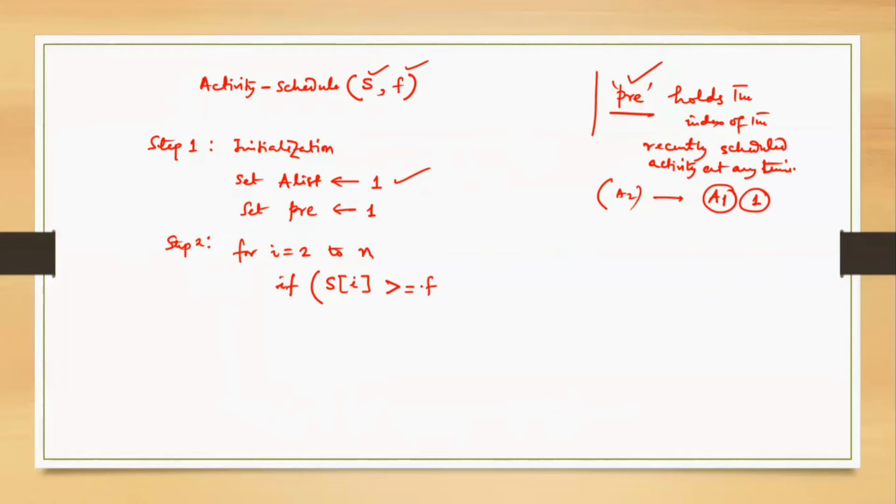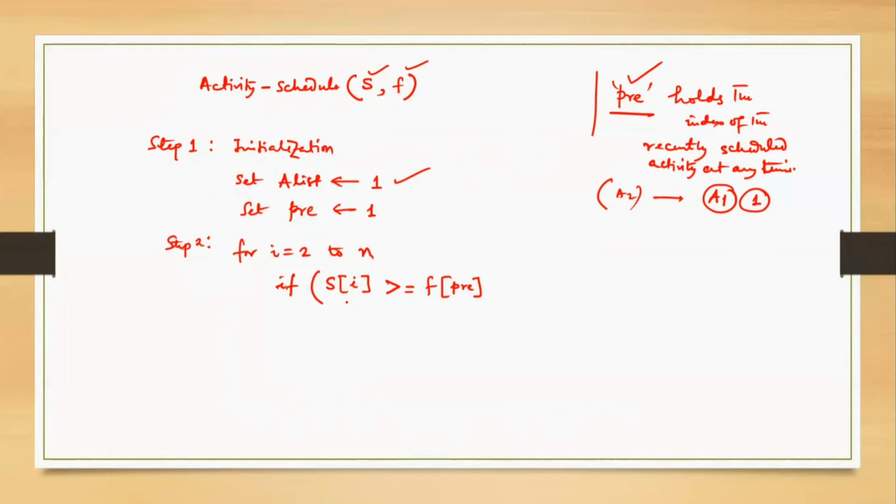We get the index of the recently scheduled activity by calling pre, so we pass the parameter pre here. So f of pre indicates the finishing time of the recently scheduled activity, which is verified with the starting time of the current candidate activity.